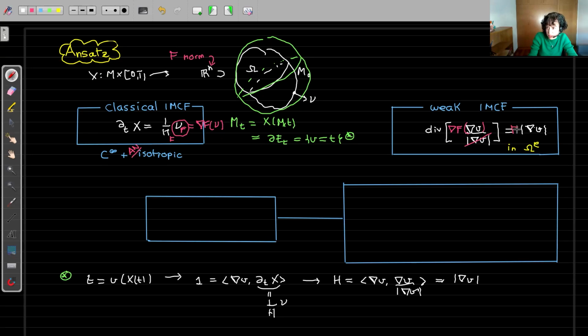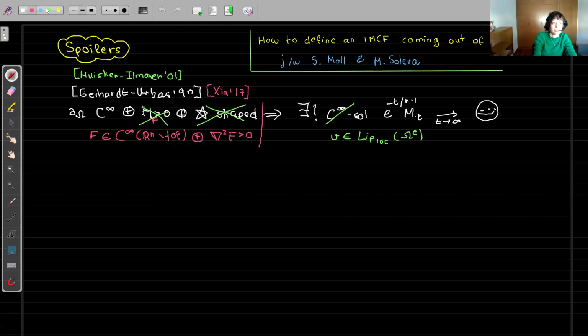And here you will have, instead of the Euclidean norm, the F. I was saying all the time that this is an elliptic PDE. That's actually the one-Laplacian of B, or the F-one-Laplacian if you are in an anisotropic setting. So with that definition, we have the exact same result of Huisken and Ilmanen, but this time it was proved by Della Pietra, Gavitone, and Xia, published two years ago.